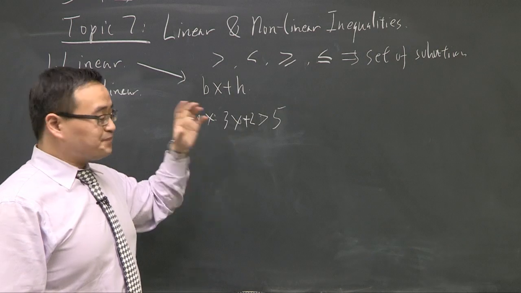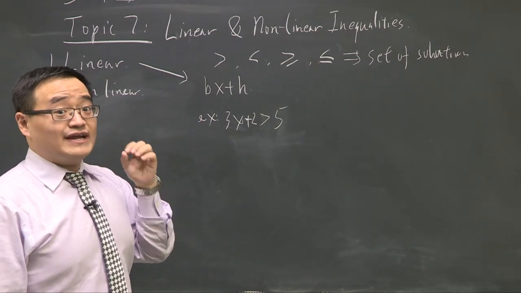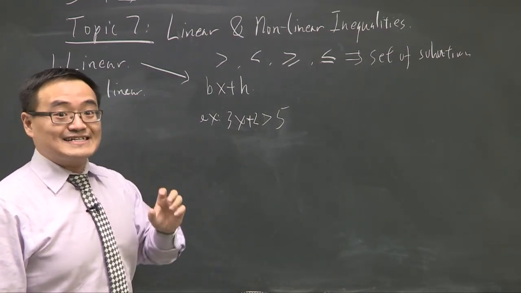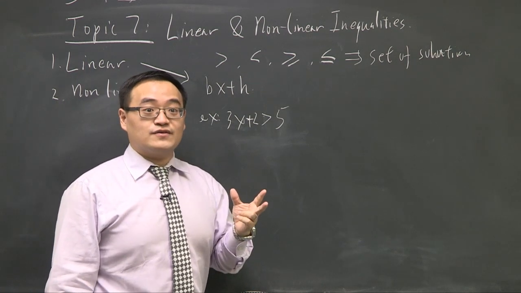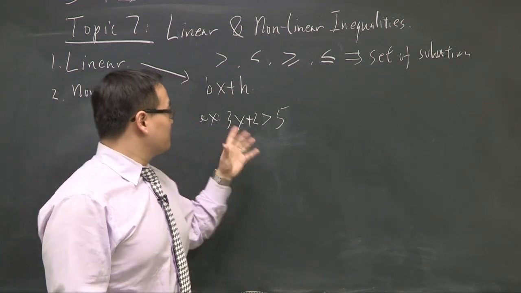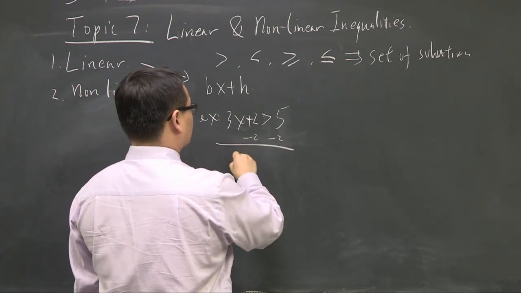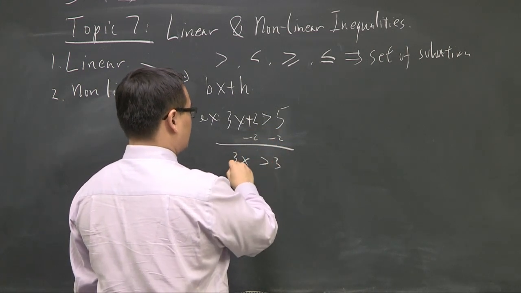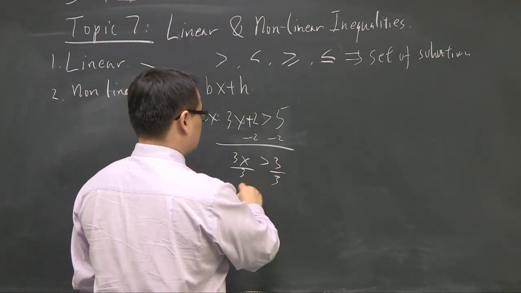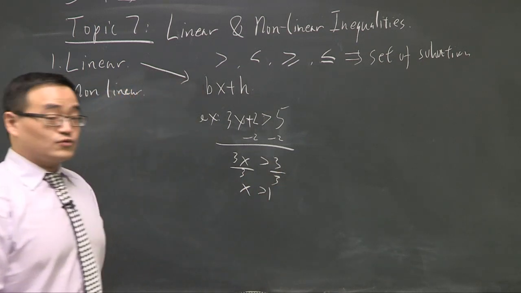How do I solve this? If you have a linear inequality, you solve it exactly the same way as you would solve a regular equality. So I will subtract 2 from both sides. I will get 3x is greater than 3, and I will divide by 3. I will get x is greater than 1.